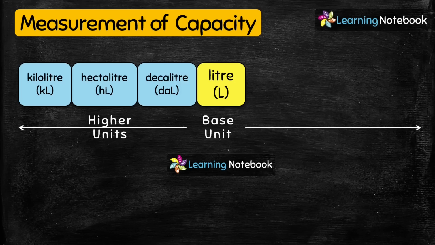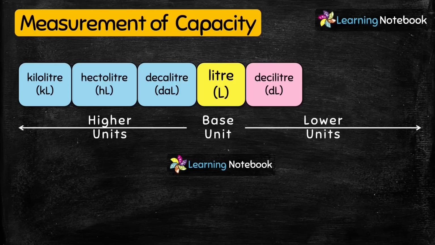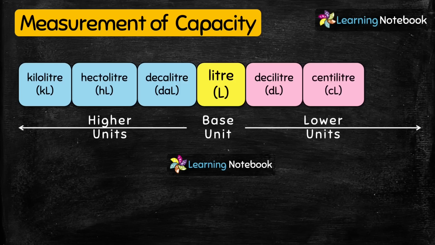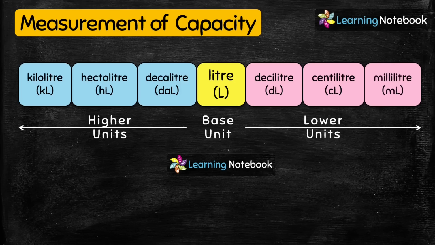Now let's see lower units to measure capacity. Deciliter, denoted by DL. Centiliter, denoted by CL, and milliliter, denoted by ML. So students, these are the units to measure capacity.